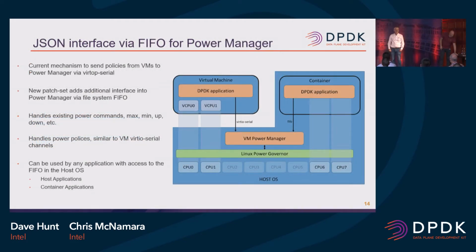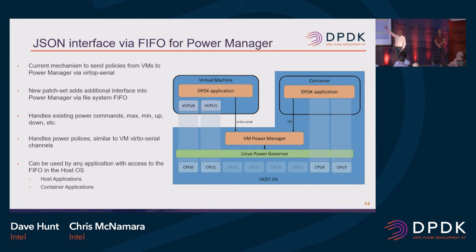If that containerized DPDK application says reduce the frequency on CPU 1, what prevents it from doing that? When this container is dropped onto the system, the policy at that stage is sent through the FIFO into the Power Manager. That policy needs to contain which cores the application is pinned to.